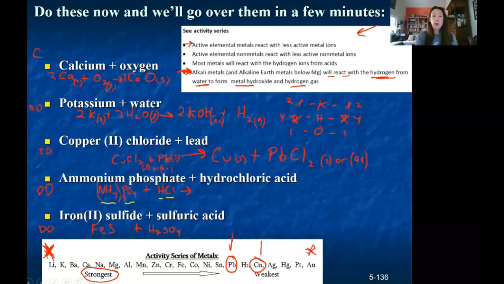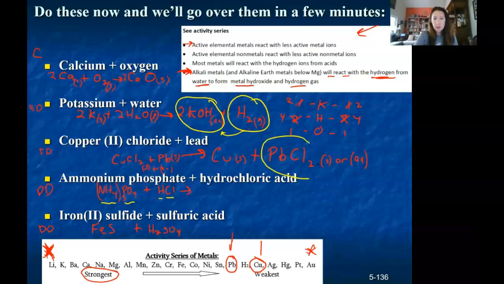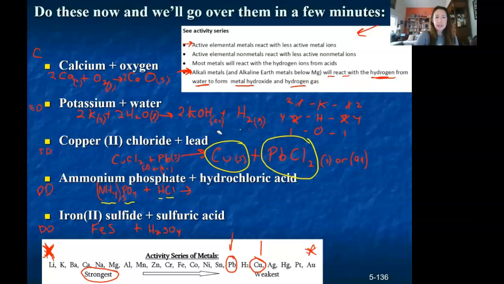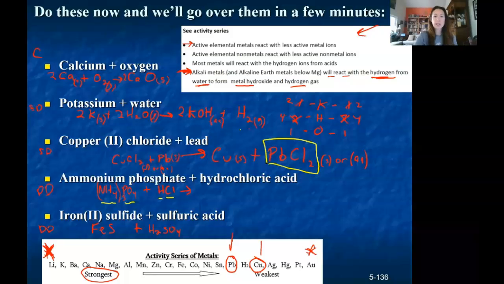Oh, and for all of these, it doesn't matter if like this one is first or this one is first. So these could be switched. So like this could have been written first and this could have been written second. As long as this is together, that's all that matters. And as long as this is together, that's all that matters. It doesn't matter who goes before or after the plus sign.